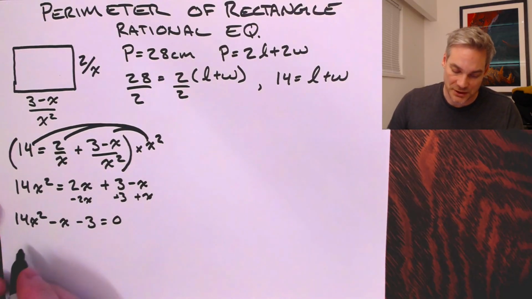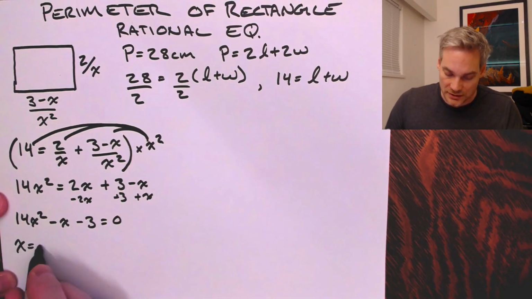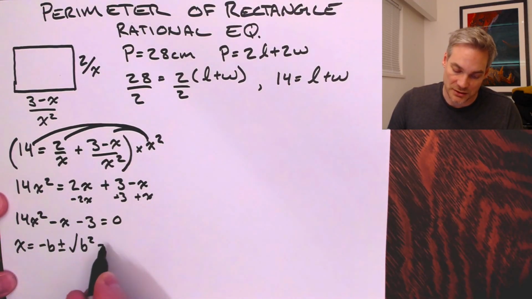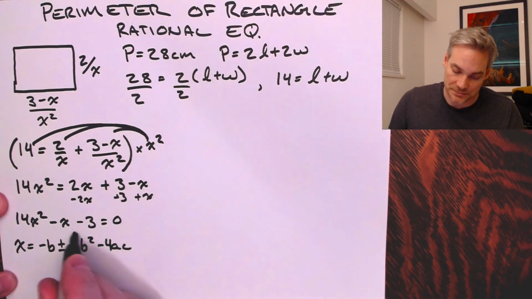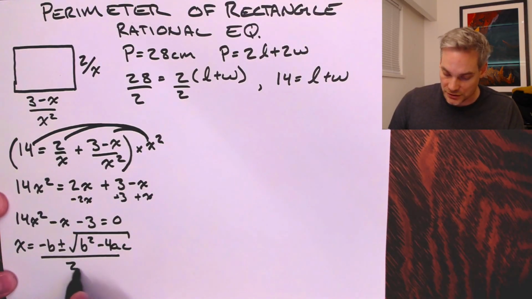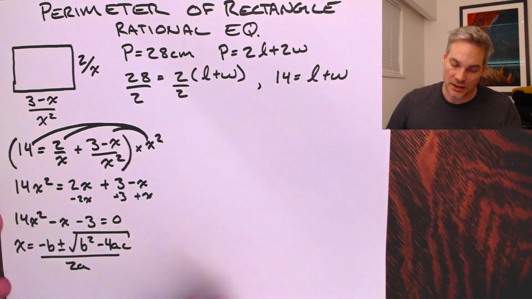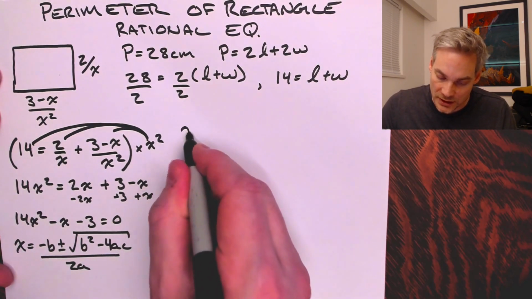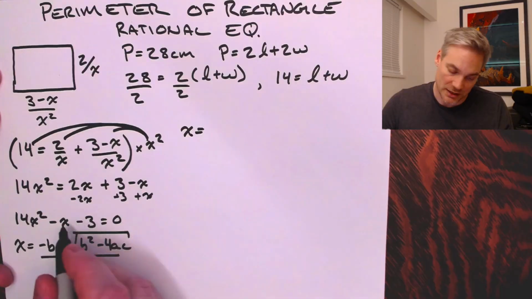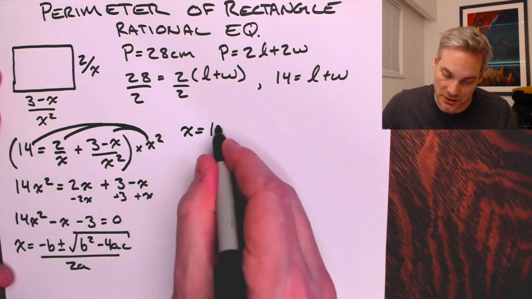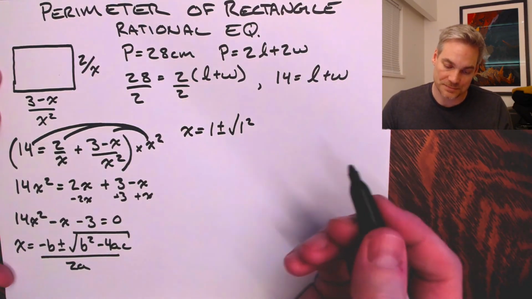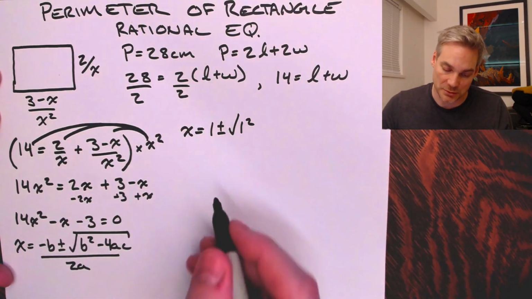In the quadratic formula, x equals minus b plus or minus the square root of b squared minus 4ac all over 2a. So if we do that, we're going to go back up here. That gives us x equals minus negative 1, which is just 1, plus or minus the square root of b squared, which is negative 1 squared, but that's positive 1.